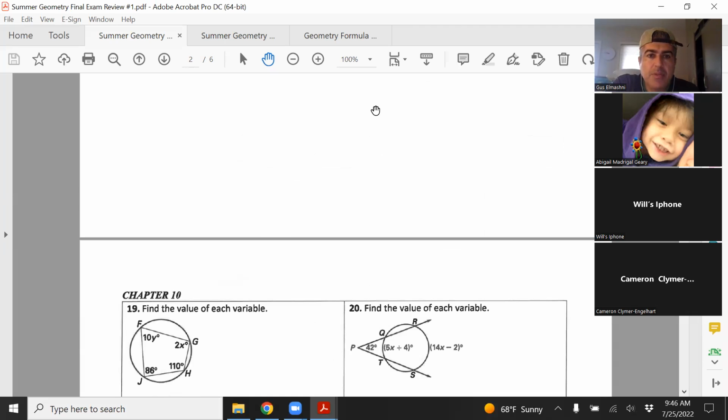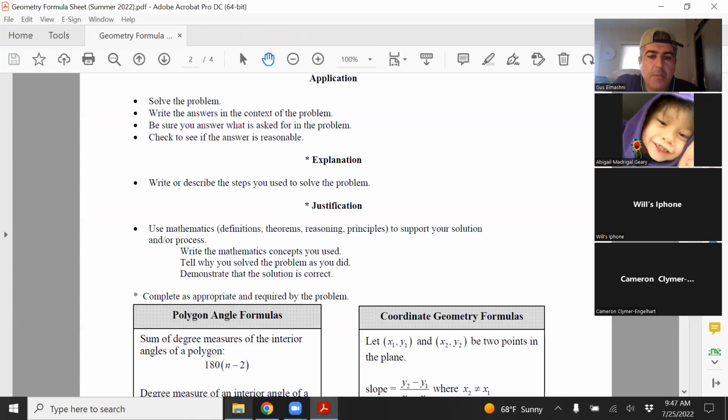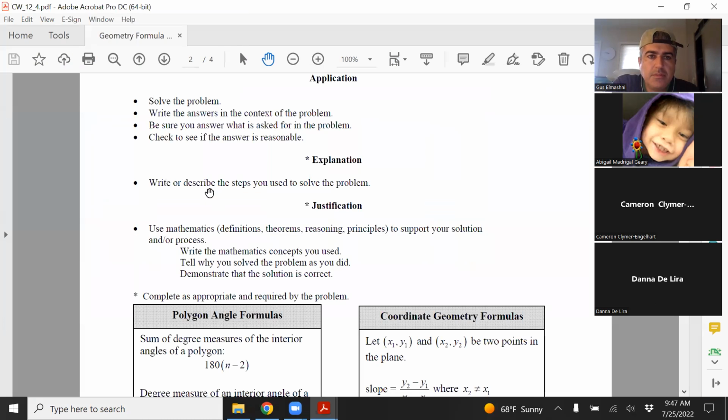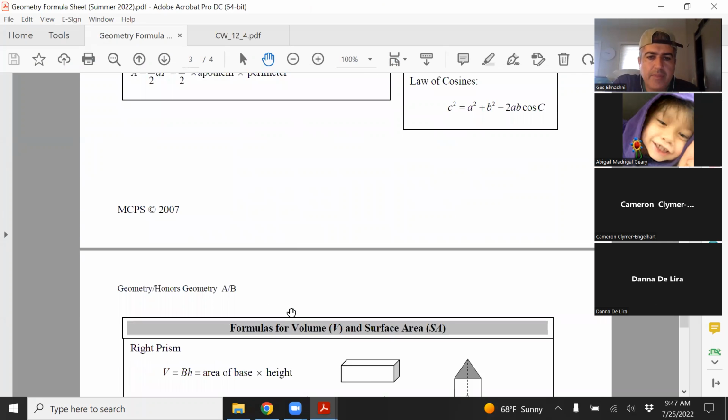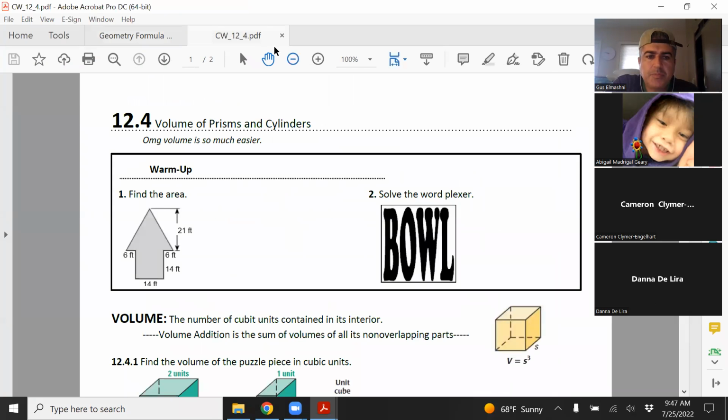Okay. So let me close this down. And let me open up 12.4. And we'll keep the formula sheet open because there are some formulas that we'll need to use that are on this document. Okay, so we're still recording.